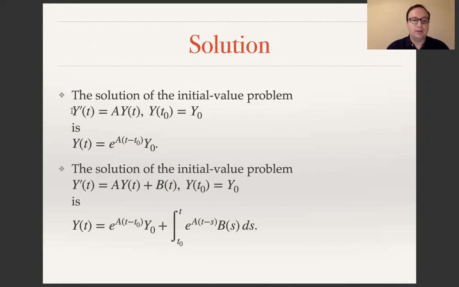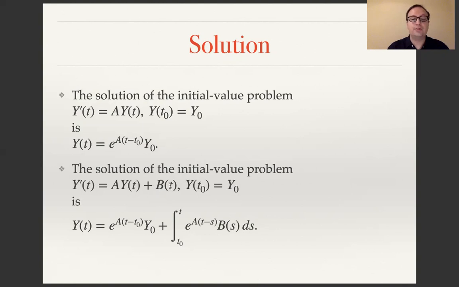Namely, if we look at the equation with no source term, so it's the homogeneous version of the equation where all the source terms are 0, then the equation y prime of t is equal to A y of t with the initial condition y of t0 is equal to y0 has a solution y of t is equal to the exponential of A times t minus t0 times y0.